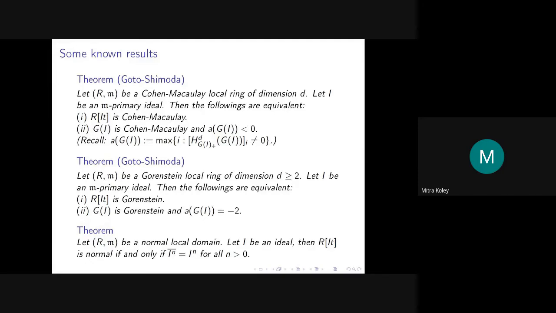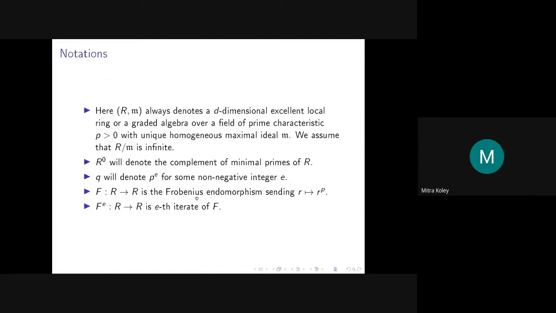Now I will talk about F-rationality of the Rees algebra, but before that I will recall some definitions which I talked about in the previous talk. These are the notations: here (R, m) will always denote a d-dimensional excellent local ring of characteristic p, or a graded ring over a field of characteristic p where m denotes the unique homogeneous maximal ideal. We also assume that the residue field R_0/m is infinite.